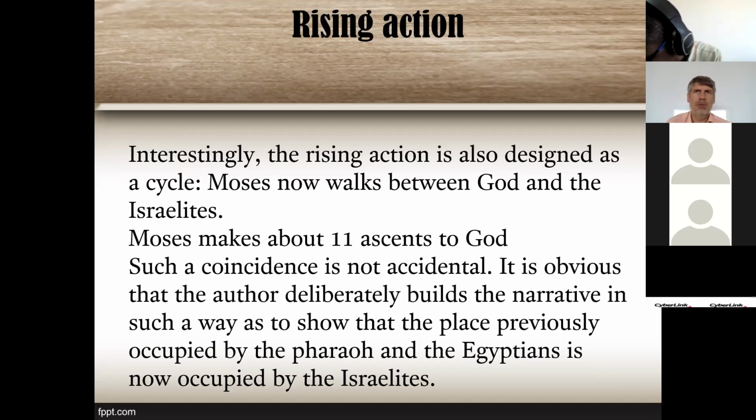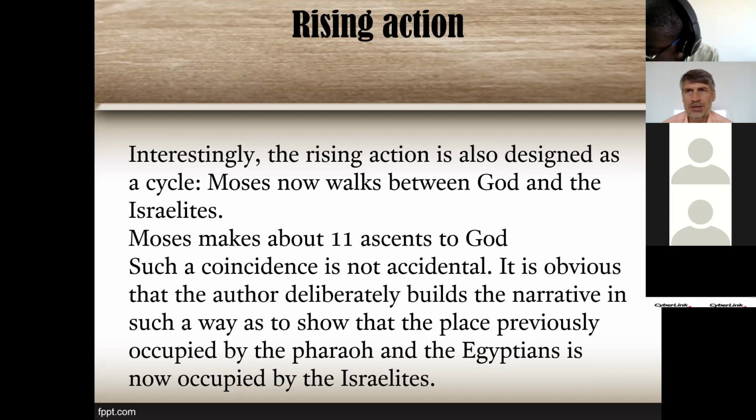Why do I say about, but not an exact number? Because it's very difficult. The narrative is built in such a way that it is very difficult to count how many times Moses went to God. I will give you just a very simple example. Exodus 19, the description of how the 10 Commandments were given.